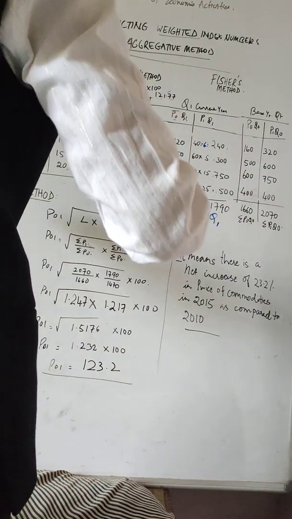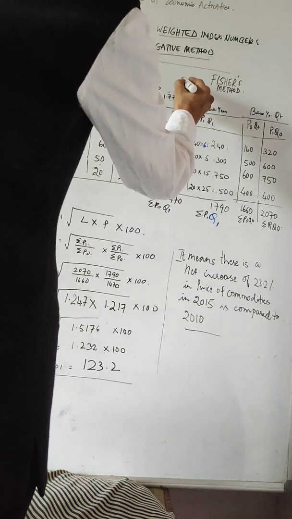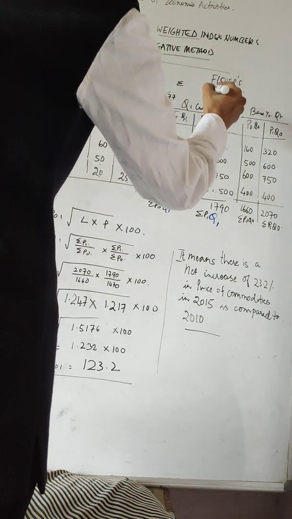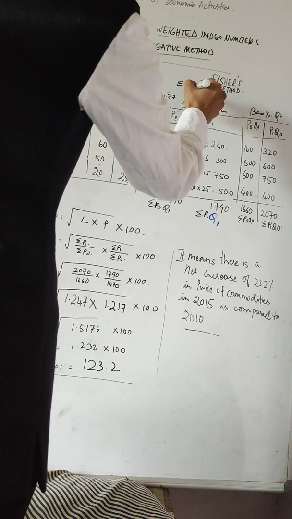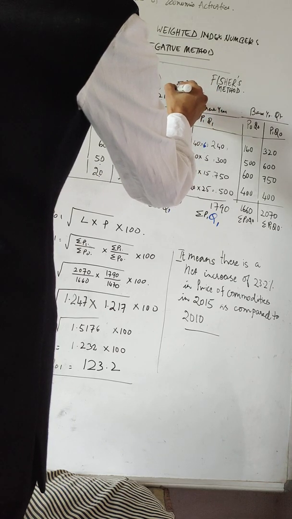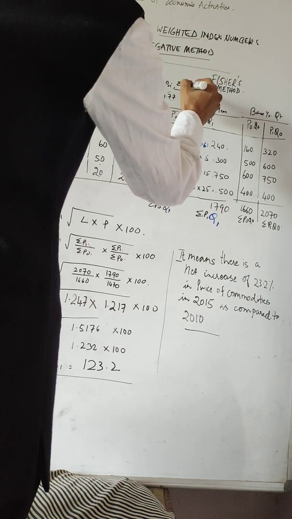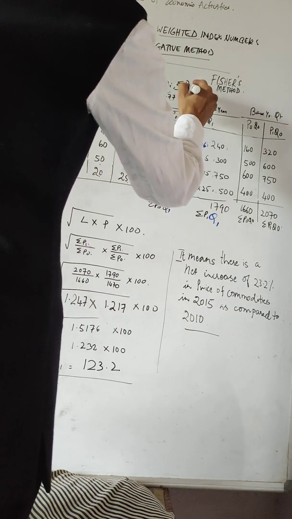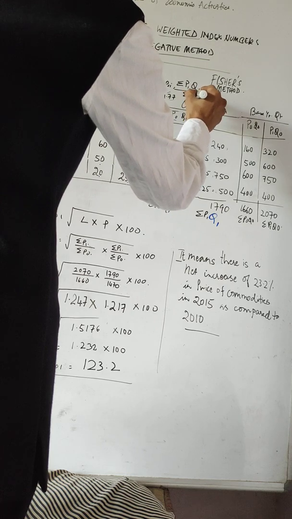Here it will be the summation of P1 into Q1, and P01 is equal to the summation of P1 into Q1 upon the summation of P0 into Q1.